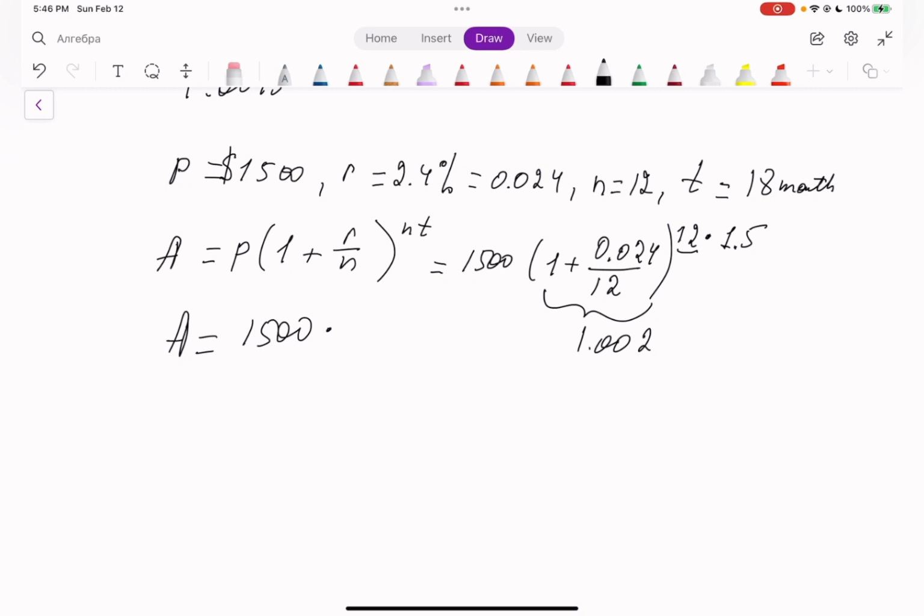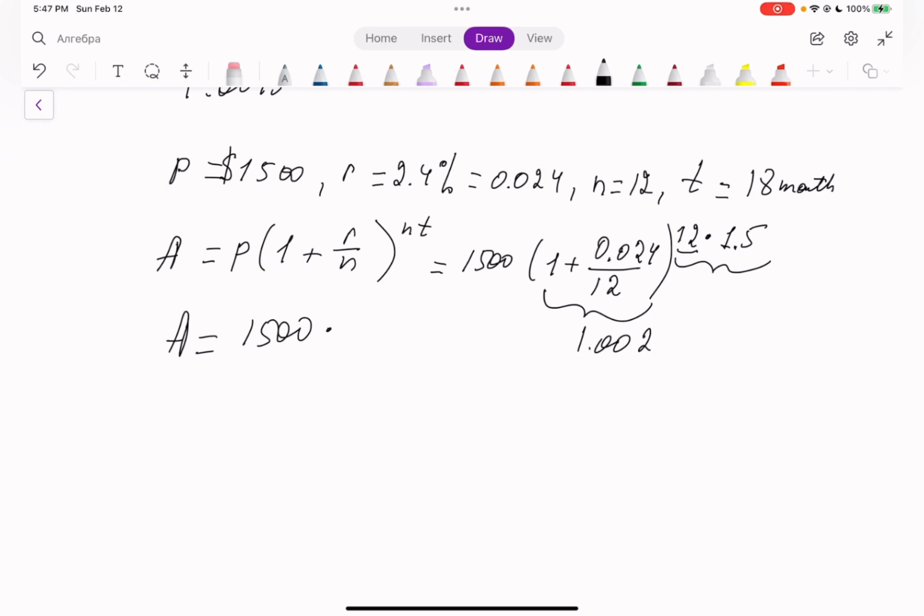And how much is 12 times 1.5? That's 18. So we have 1.002 times 18.